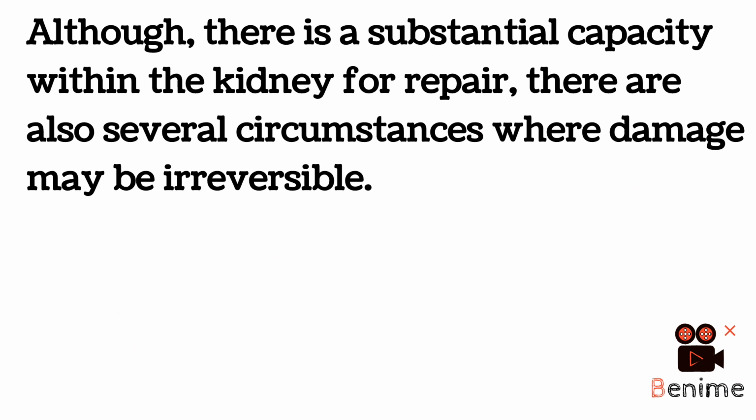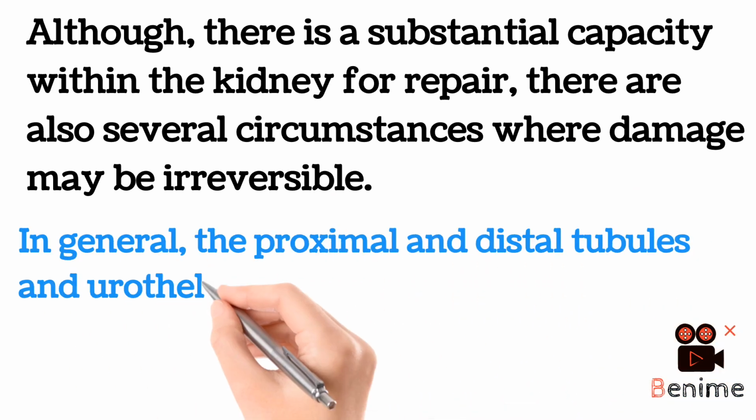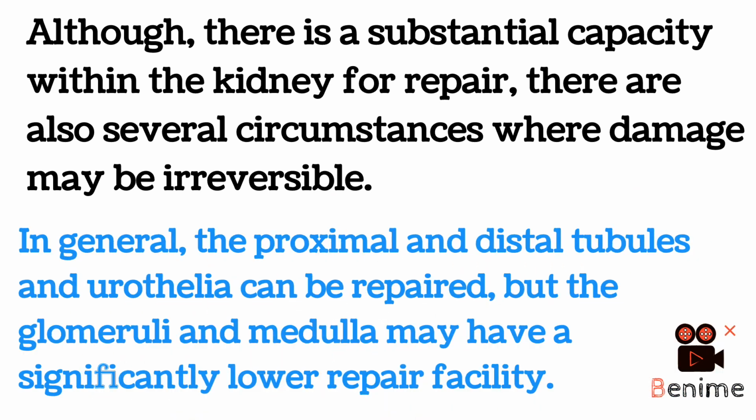So you should know what the cellular processes responsible for this are. In general, the proximal and distal tubules and urothelia can be repaired, but the glomeruli and medulla may have a significantly lower repair facility.